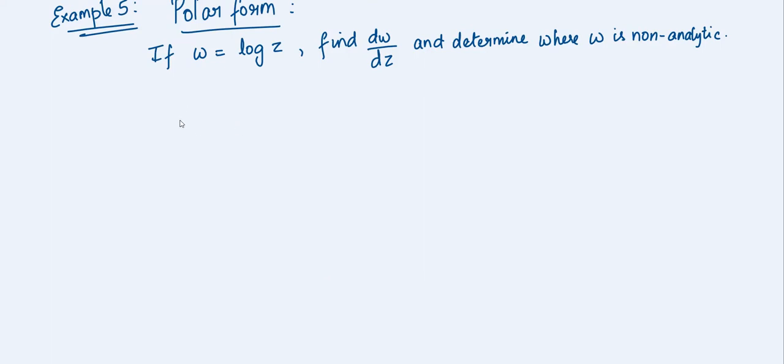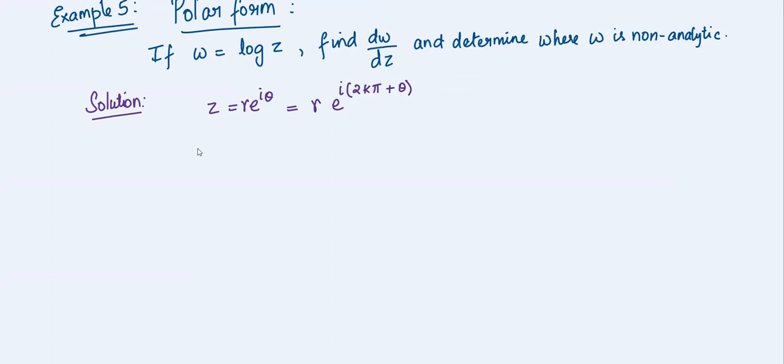So we know solution for this is, say, z is r e power I theta. And we know that this is r e power I 2k pi plus theta.